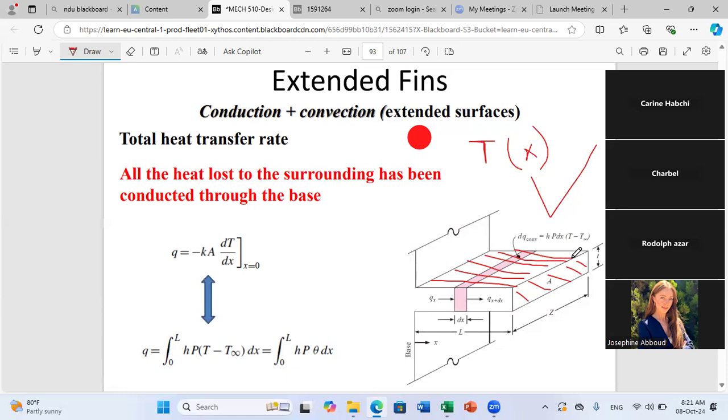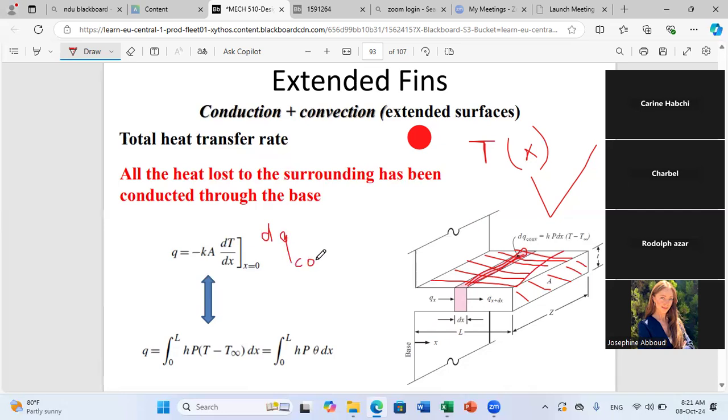So what can we do then? Since the temperature is varying, to find the total heat transferred by convection, we need to integrate. Why do we need to integrate? Because if we consider this small element here, the temperature here is different than the temperature at this level here. So for each small element, how can we write the elementary convection, dq convection?